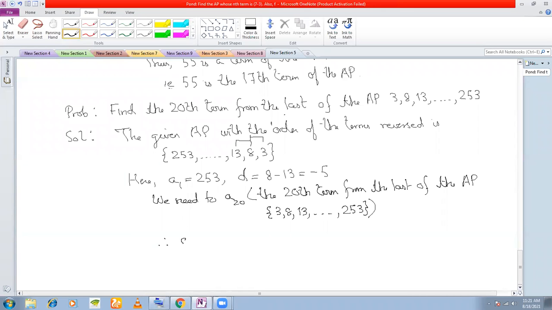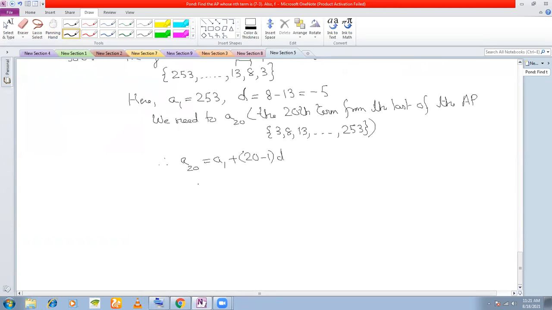So therefore, what is A20? A1 plus 20 minus 1 into D. Now you put the values simply. This is equal to A1 plus 19D, which is equal to 253 plus 19 into minus 5.